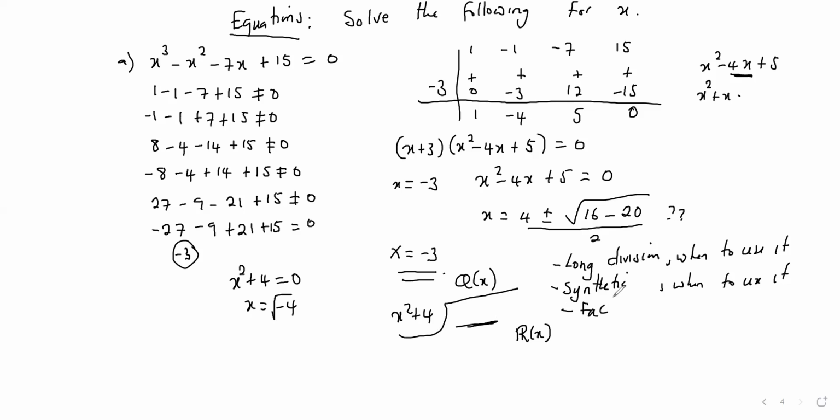So you should know when to use long division, when to use synthetic, how to factorize. These are the most key things. When to factorize, how to factorize, you need to get the values of x. Those values of x, once you find the one that gives you 0, then you go to synthetic.